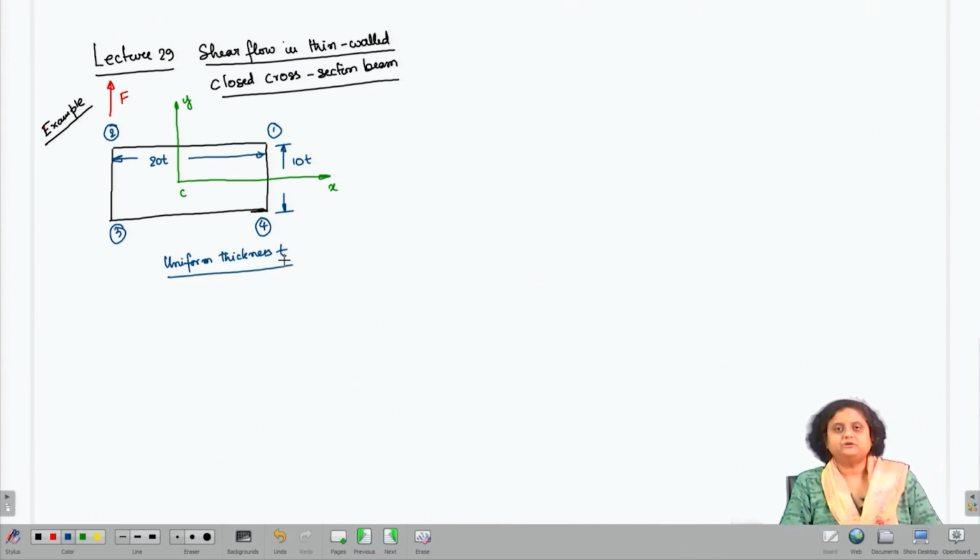The 4 corners are named as 1, 2, 3 and 4, and the dimensions are given as 10T and 20T. C is the centroid of the cross section. A shear force is applied to the cross section along the y direction, but through point 2.